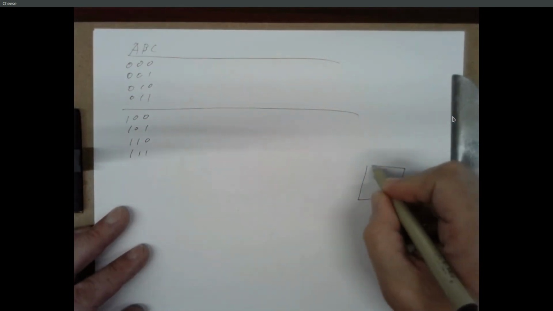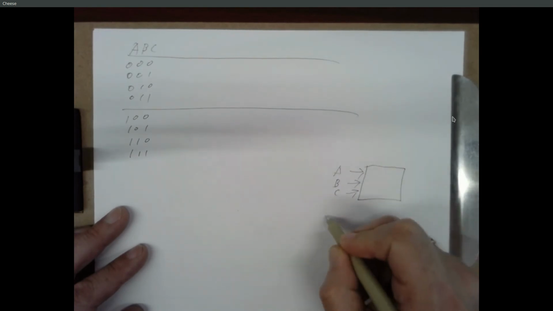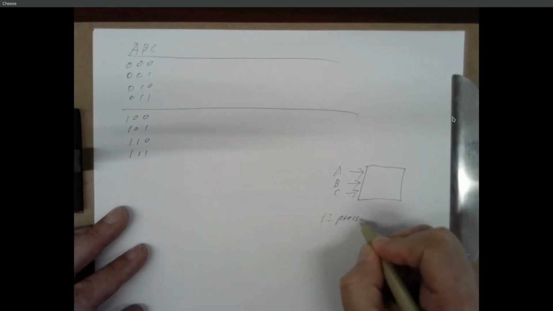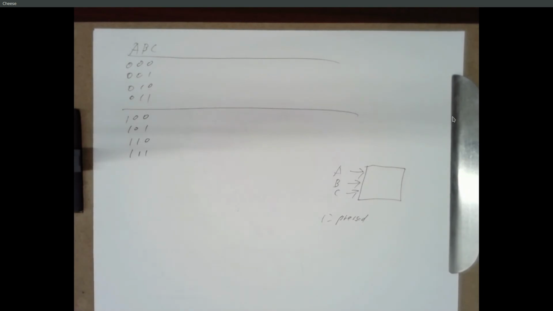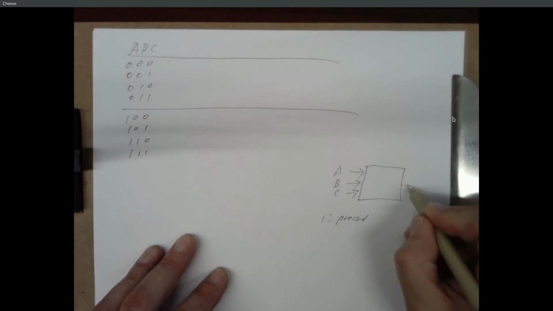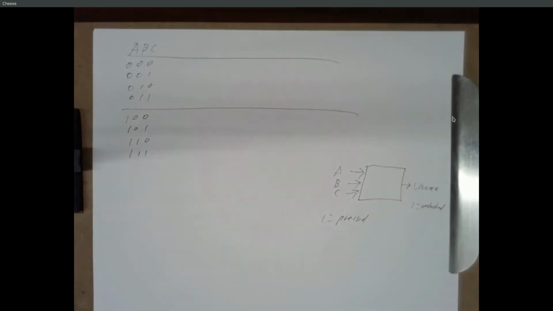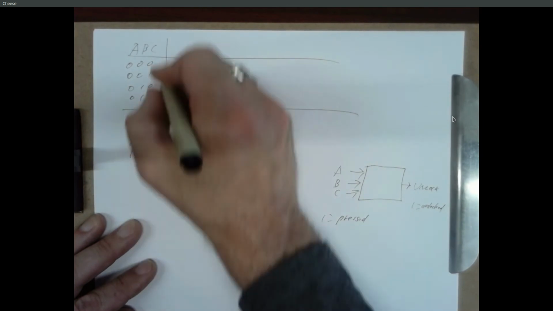And so here's our system diagram. So 3 inputs A, B, C. If you press the button, that's generating a logic 1. And we have an output which says unlock. And 1 equals unlocked. So 3 inputs and 1 output, unlock.